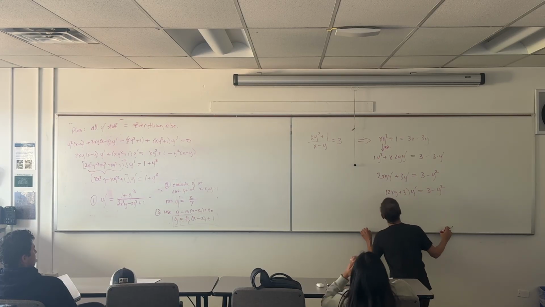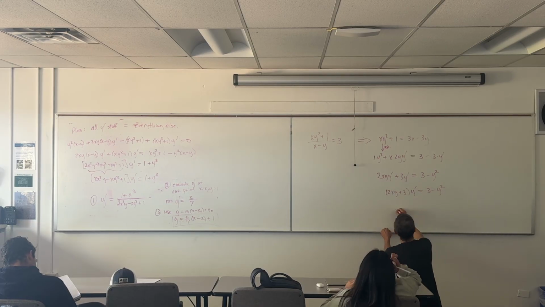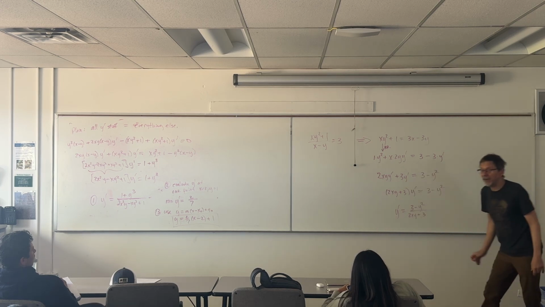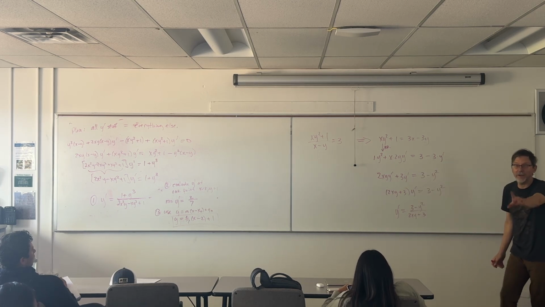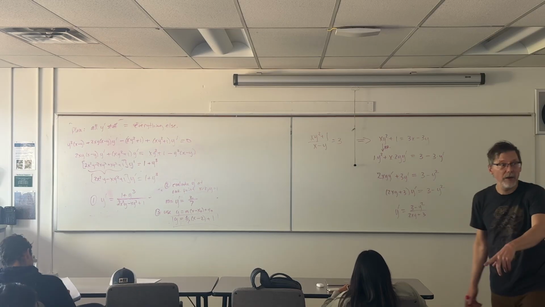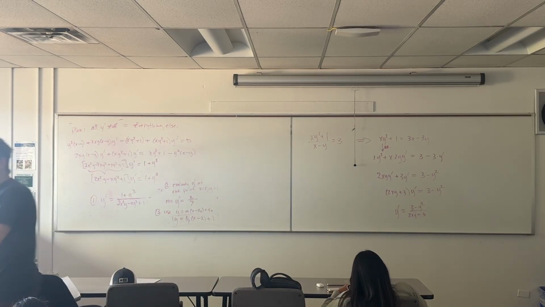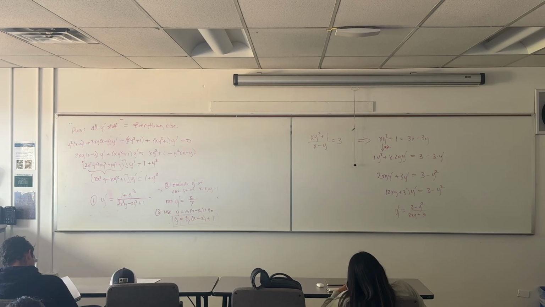Right now, I'm not quite sure what that's going to be. So we get y prime equals 3 minus y squared over 2xy plus 3. Did anybody else get that? Yes, Joshua, you got it. Leo, you got it. Okay, and Kyla, awesome. That's pretty much good enough for me, the three of you got it.